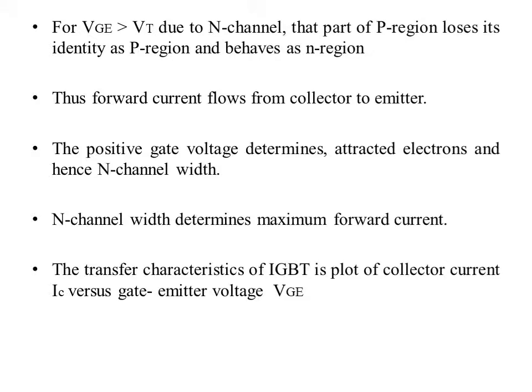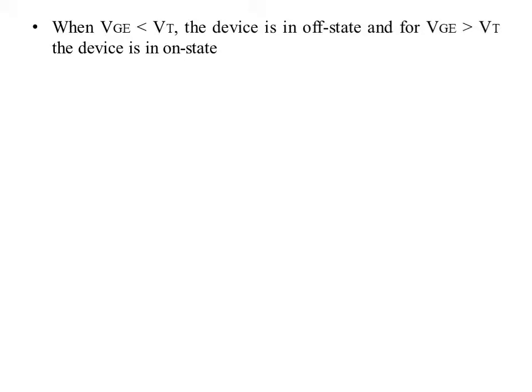The transfer characteristic of IGBT is a plot of collector current, that is IC, versus gate emitter voltage VGE. When VGE is less than VT, that is gate emitter voltage is less than threshold voltage VT, the device is in off state, and for VGE greater than VT, the device is in on state.